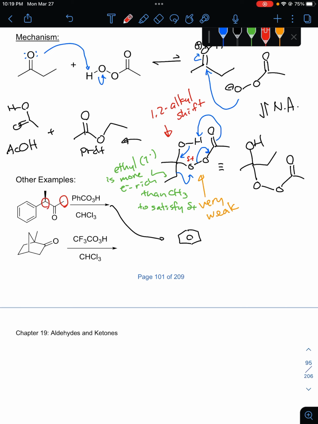And between the two, the carbon on the left being tertiary, that's going to be more electron rich. So that's the one that migrates. And I want you to know that that migration happens without some sort of inversion like SN2. So the ester that we're going to get is going to be this product, okay, without any inversion of the stereochemistry.